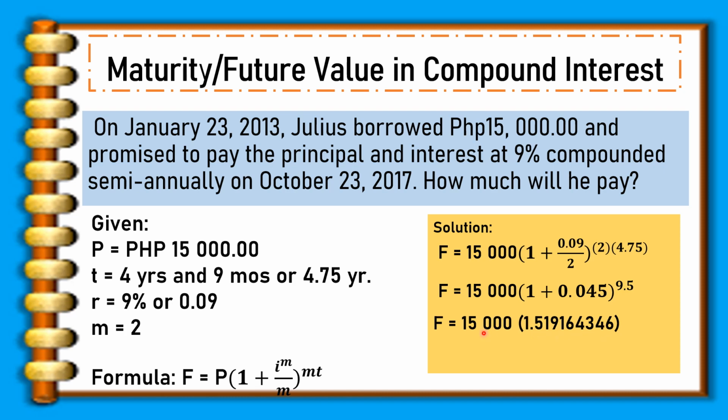Multiply this by 15,000, it is 22,787.46519. So at the end of the maturity date, he will pay 22,787.46519.